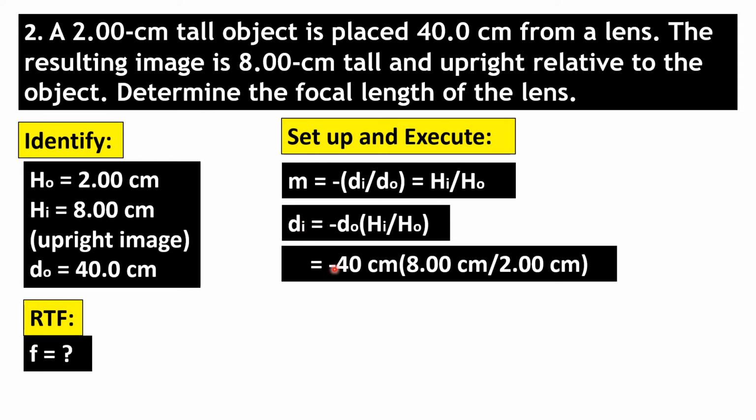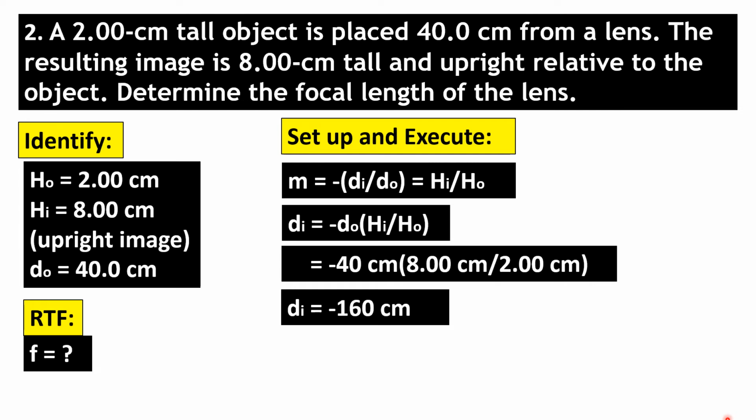So, negative 40 centimeters, multiplied by quantity 8.0 centimeters, the image height, divided by the object height, or 2 centimeters. Simplifying, we get as the image distance negative 160 centimeters.